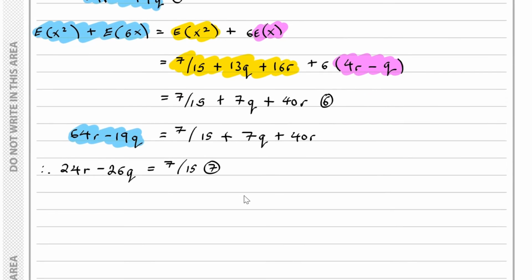So if we solve equation number 3 and equation number 7 simultaneously, what you can hopefully see over here then is q and r we can find.